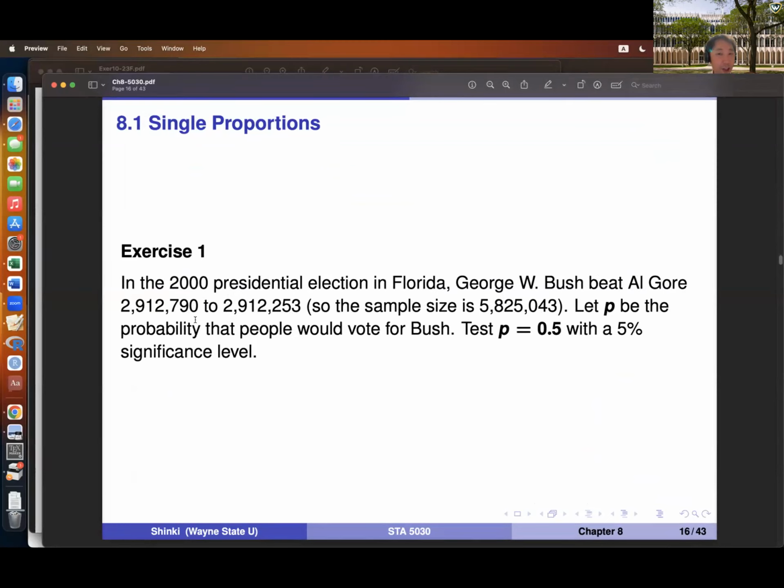So the margin is only 537. Also the counting of the votes was really inefficient in the state of Florida, so this caused some controversy. I would like to test if this difference is significant or not.